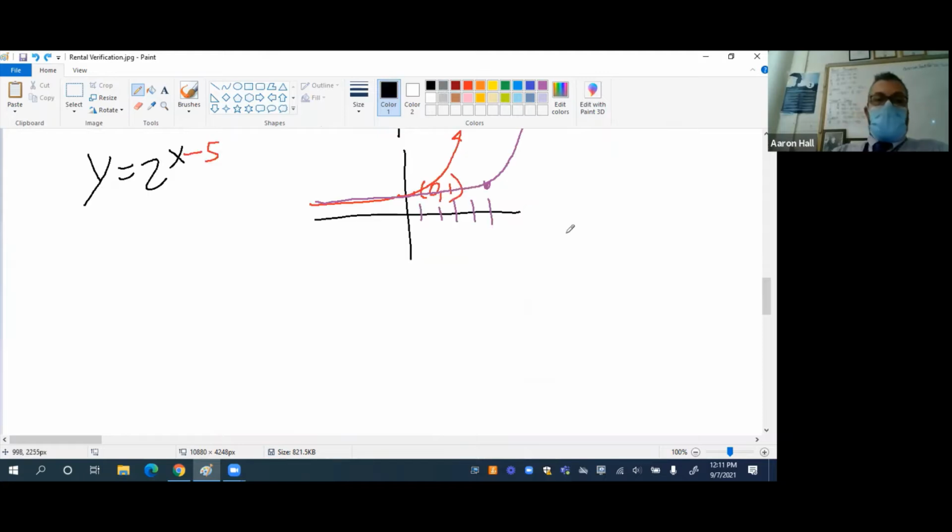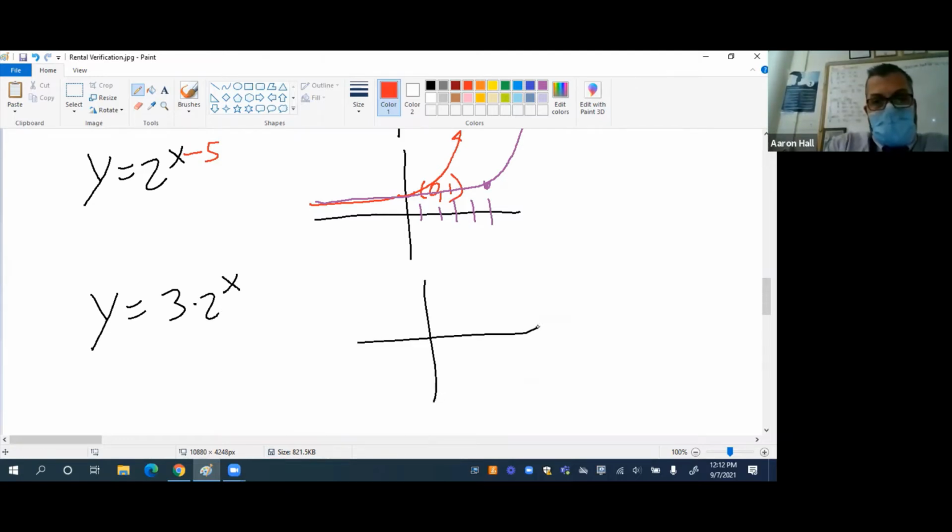To the function. So I'm going to take y equals 3 times 2 to the power of x. That point of (0, 1) has now been stretched up to (0, 3). So it should be something like this, a lot steeper.